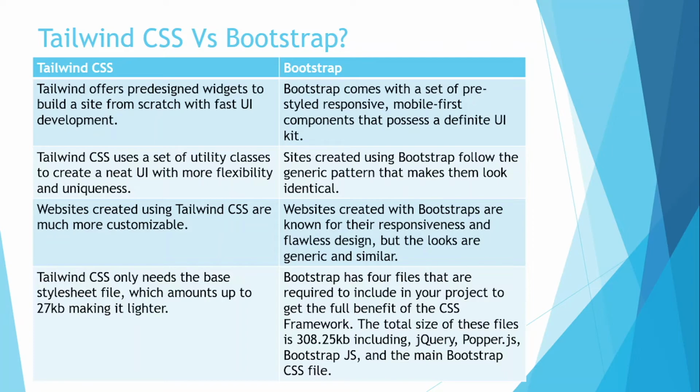But in Bootstrap we have four files which combined are 308.25 KB, including jQuery, Popper.js, Bootstrap.js, and the main Bootstrap CSS file. So when we combine all of that, the size of the framework becomes 308 KB, which can be a problem in production. And while loading the styling, it will take a little bit of time. But Tailwind CSS is lighter, so it will load faster than Bootstrap.